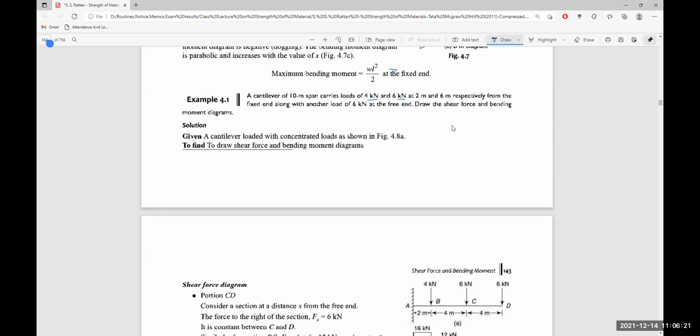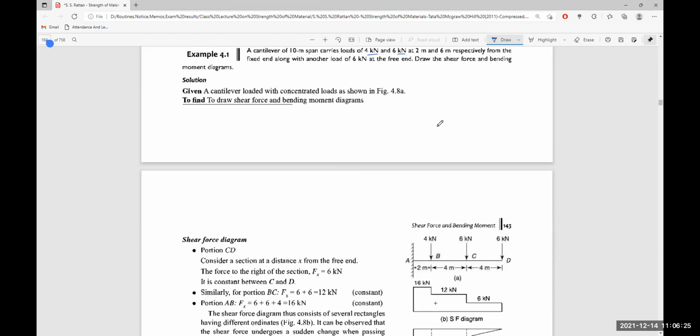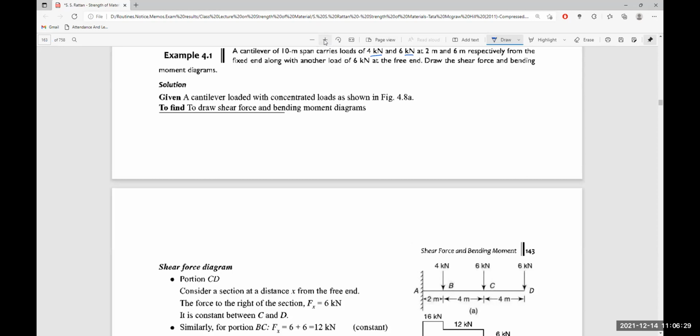Here, what is seen is the cantilever beam, fixed at the left end A and hanging from A to the free end. It is loaded by 4 kN and 6 kN at 2 and 4 meters respectively, with another load of 6 kN at the free end.